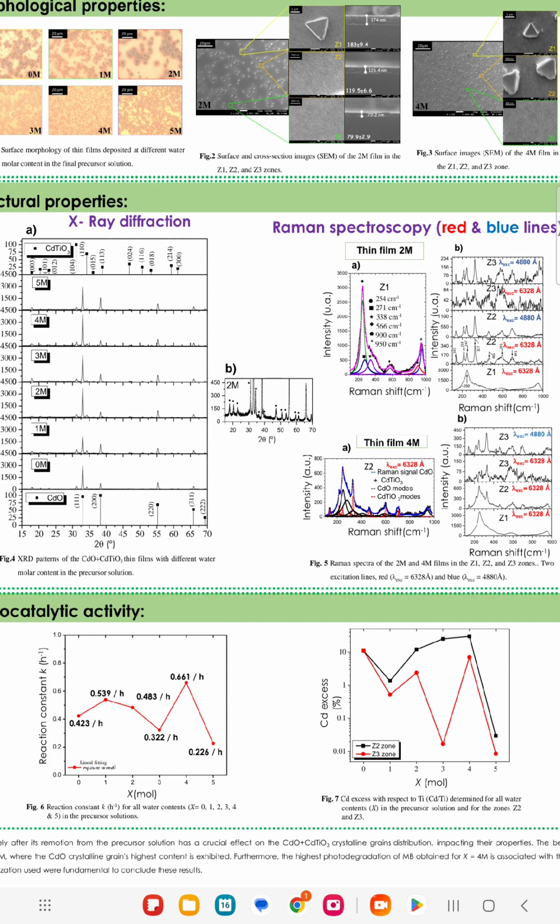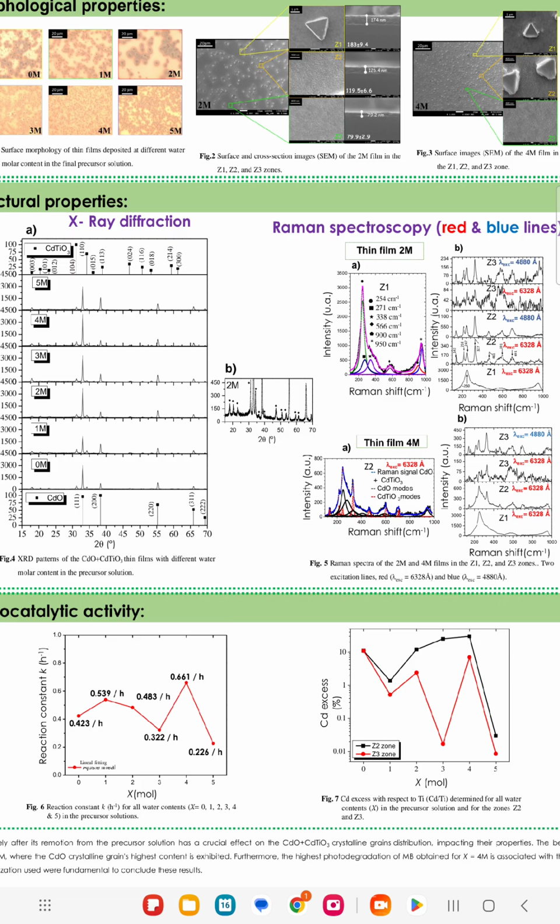So with these results we can prove that this film, the 4M film, has a larger number of cadmium oxide grains distributed on the surface of the thin film, and these cadmium oxide grains are coupled with cadmium titanate.